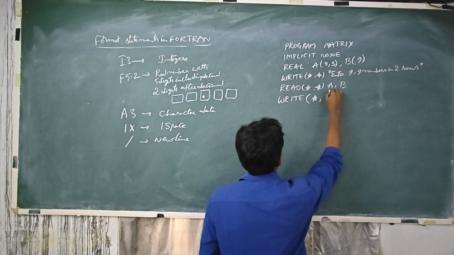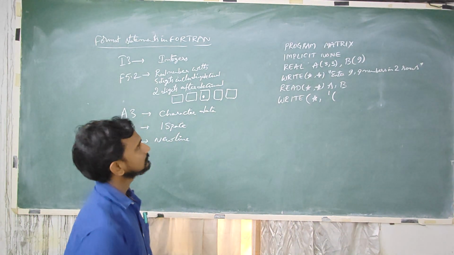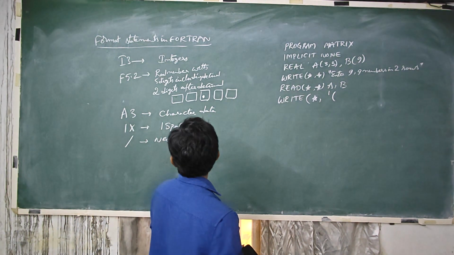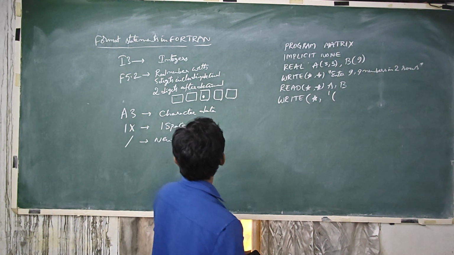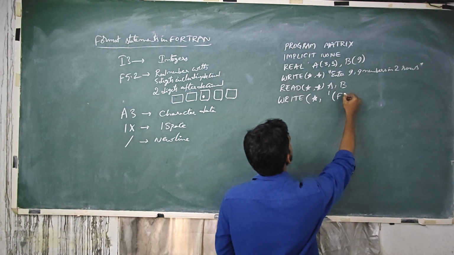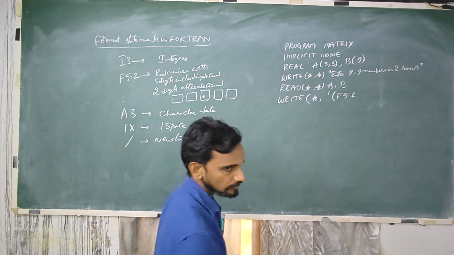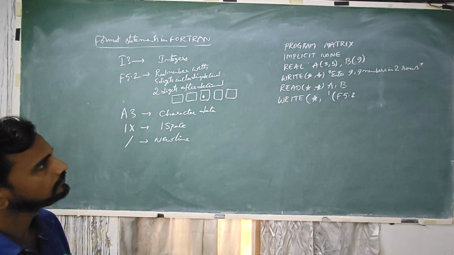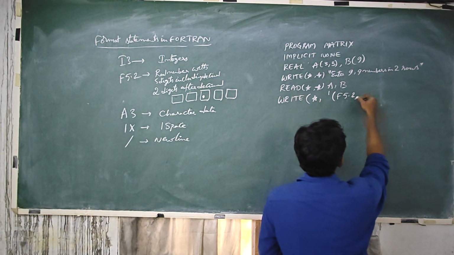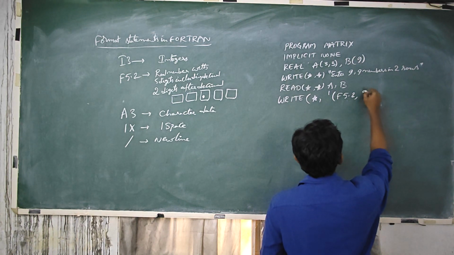First star, quotes and a bracket. So let's say F5.2 and then 2X space.